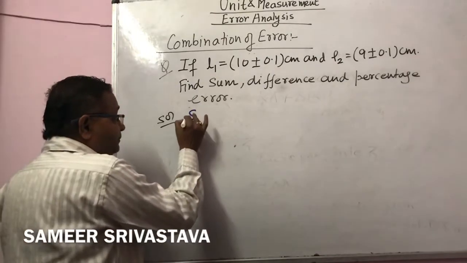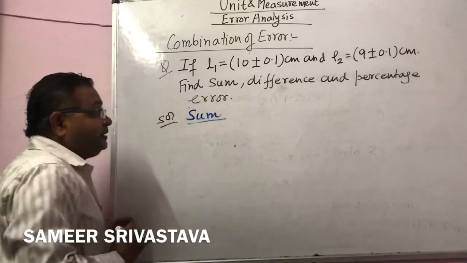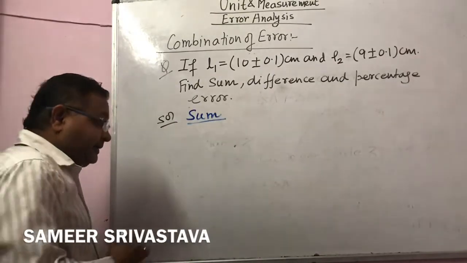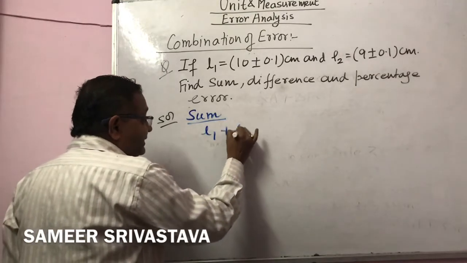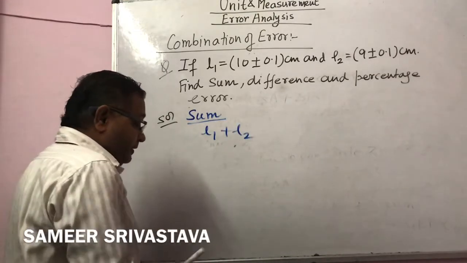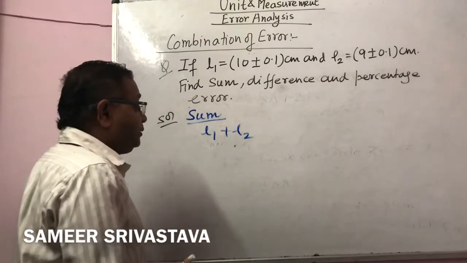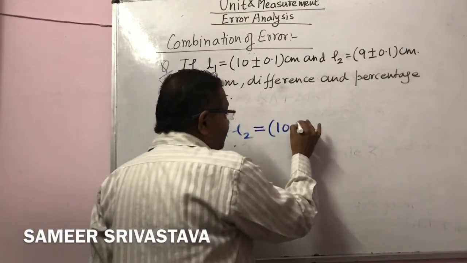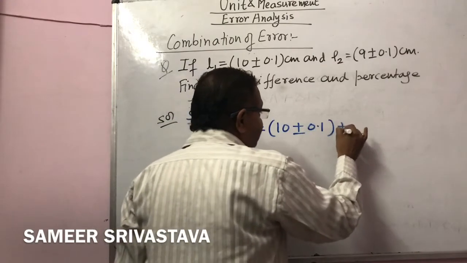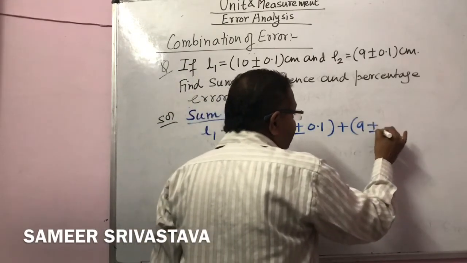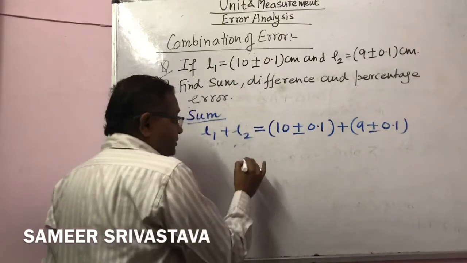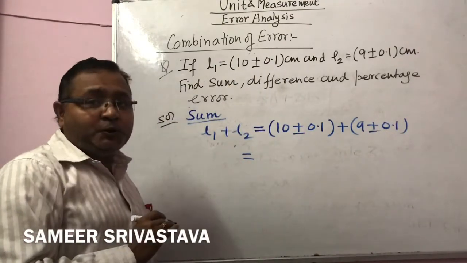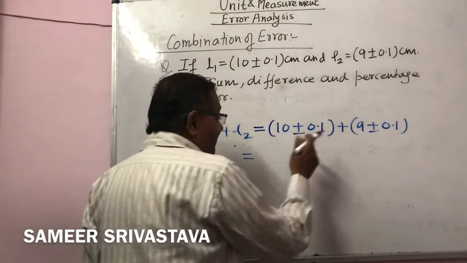So for the sum, right? For the case of sum, how can you write the sum? Sum is L1 plus L2. So L1 plus L2 is written as 10 plus minus 0.1 plus 9 plus minus 0.1. Now, as I told you earlier, the accurate values are added or subtracted.